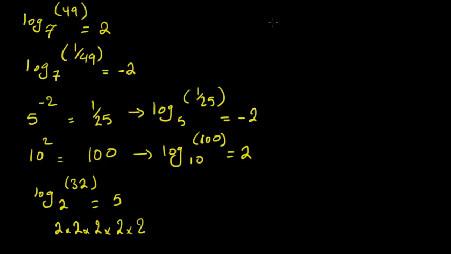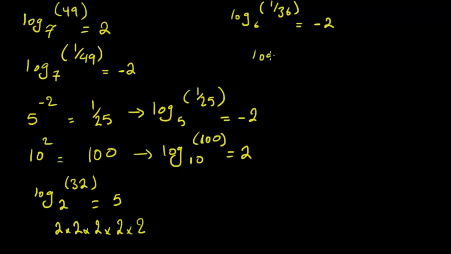Or let's say we have log base 6 of 1 over 36. We know 6 is a perfect square, and in a denominator it must be minus 2. 6 times 6 is 36, but since it's in the denominator, it's negative. So log base 6 of 1 over 36 is minus 2.